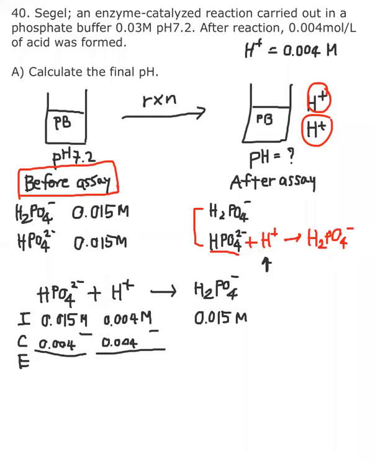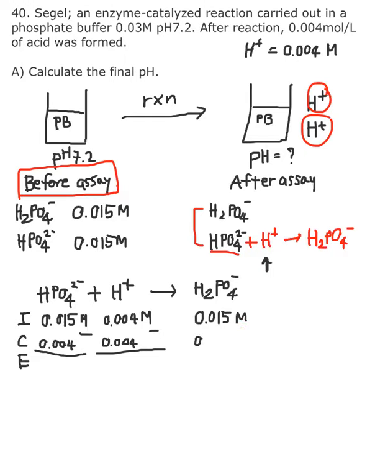And because this side is the substrate, you have to subtract the amount that has changed, while on the side of the product, you have to add to the amount that has changed.